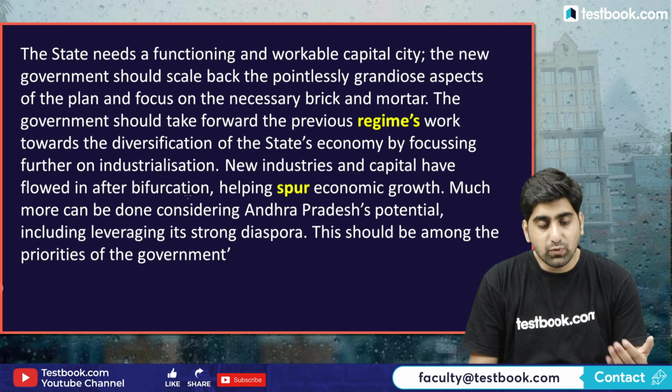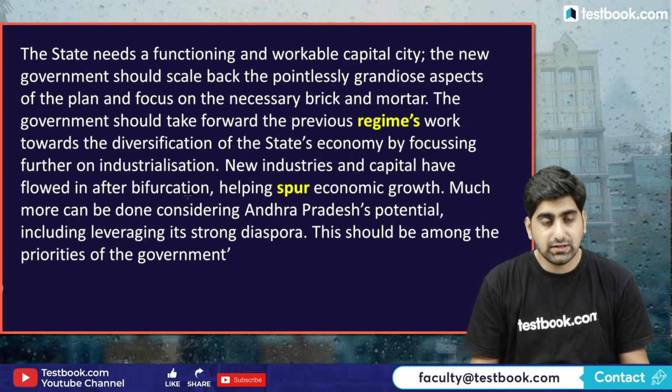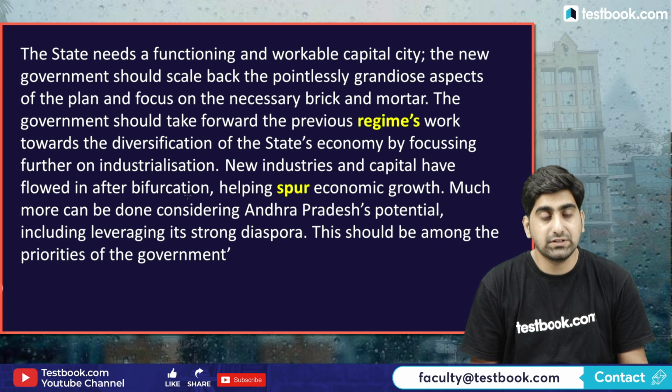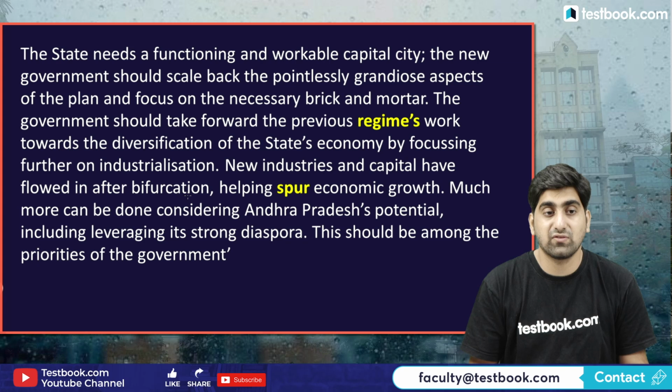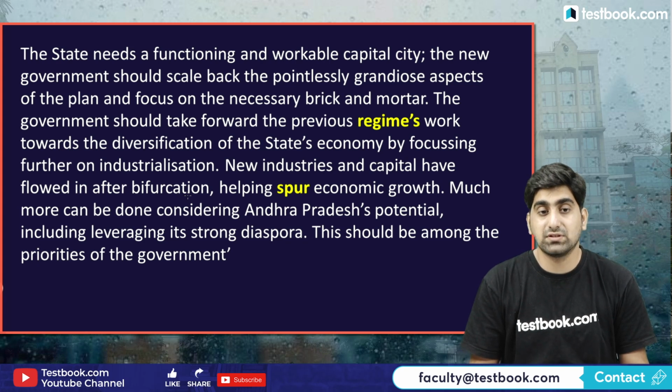And if we move on to the next, I guess, editorial article, here it says that the state needs to function in a workable capital city. The new government should scale back the pointlessly grandiose aspect of the plan and focus on the necessary bricks and mortar.